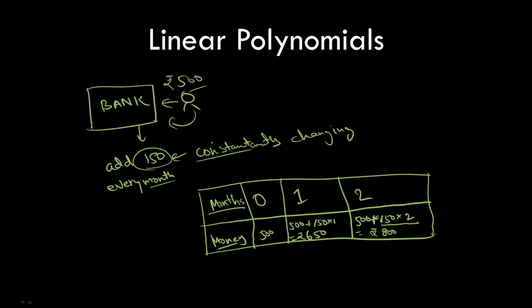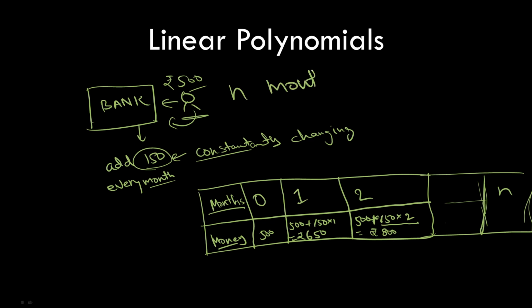So now we can plot for any month n. Let us imagine that this man puts it for n months. Then what will be the value if he gets it back? It is going to be the initial value 500 plus the bank will provide 150 times n.